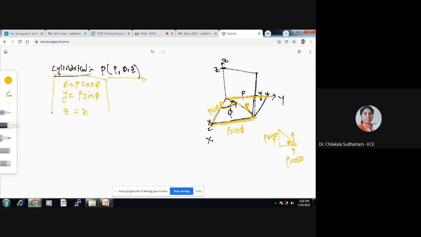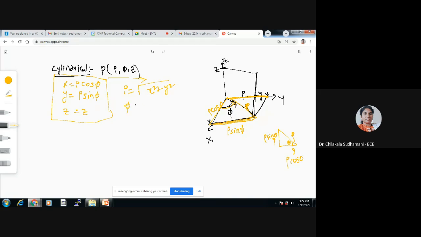This is rectangular in terms of cylindrical. Now I want to calculate cylindrical parameters in terms of rectangular. Then what is the rho value? How can we calculate rho in terms of x and y? Rho is equal to under root x square plus y square.